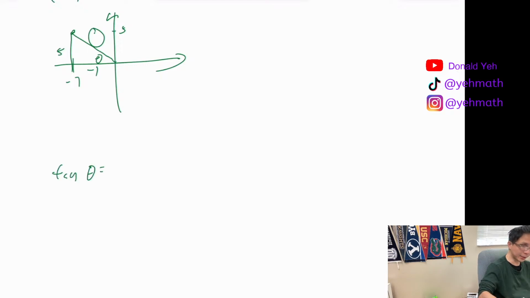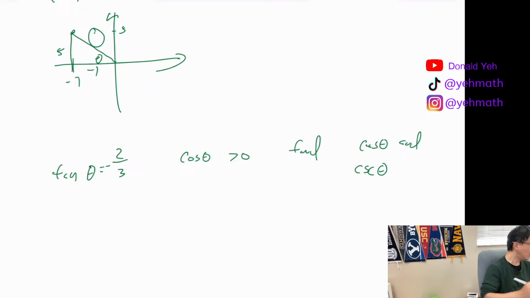Tangent of theta is equal to -2/3, and cosine of theta is greater than 0. Find cosine theta and cosecant theta. This will be a hard question.